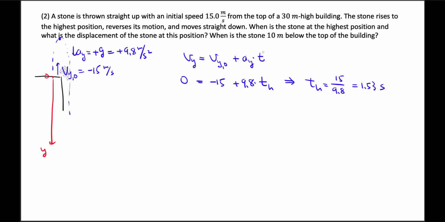So now we can also figure out the displacement. So now the y position will be y0 plus the v_y0 contribution plus the a_y contribution at t_h here.